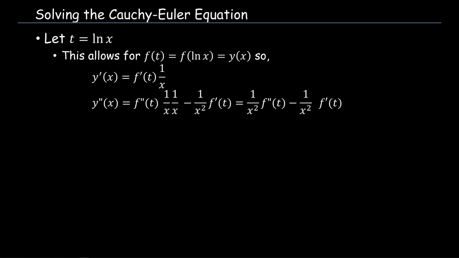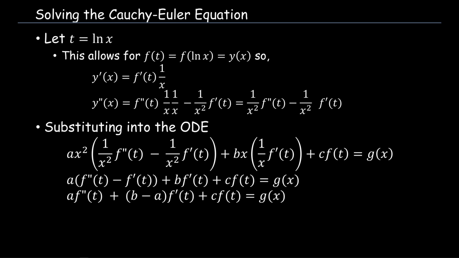Now that we have the derivatives, we can substitute them back into the original ODE. Because the ODE has y of x, we already found what y of x is and its derivatives.